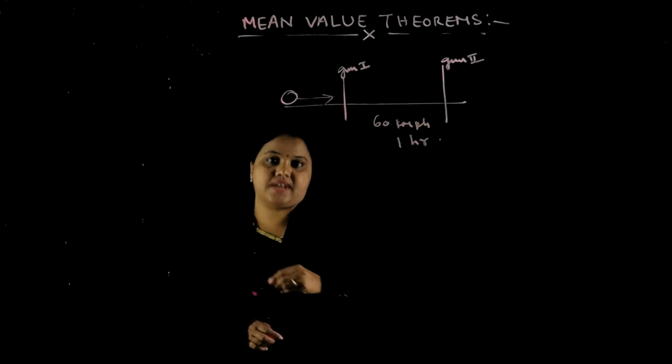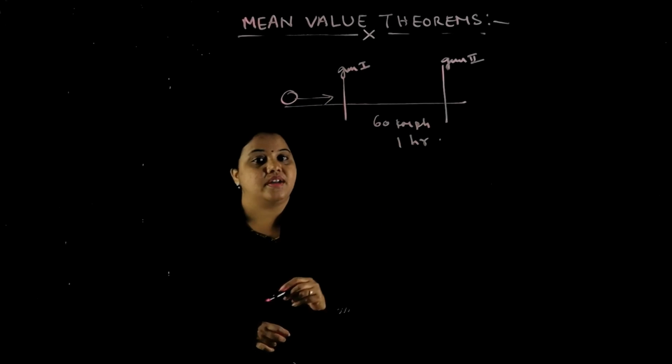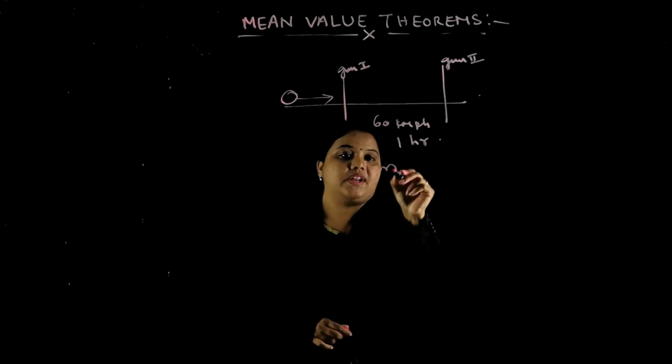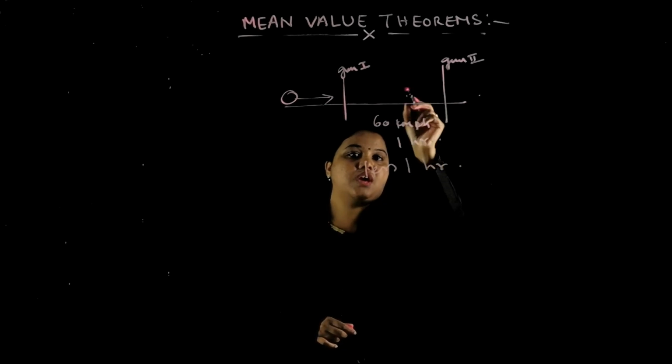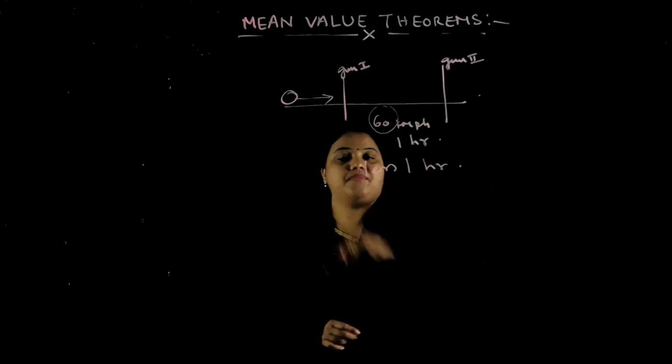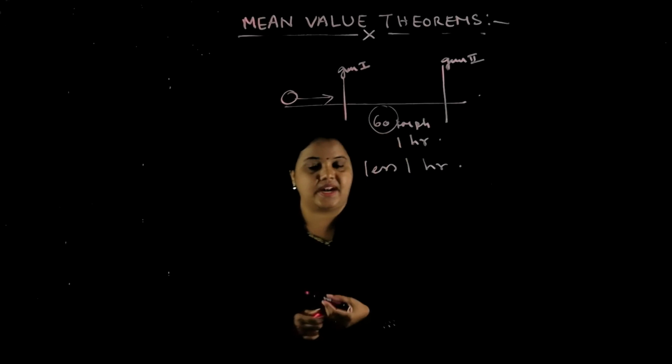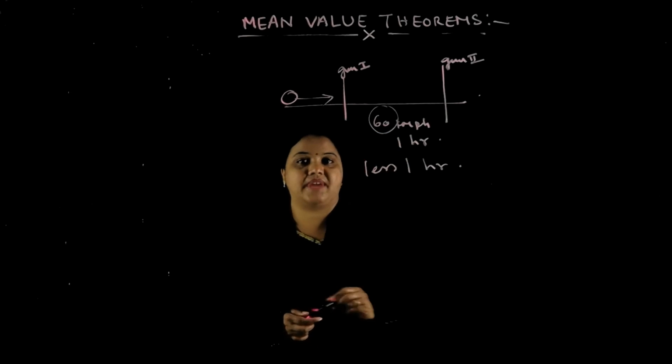Suppose you are moving in this direction. If you are moving from here to here in less than 1 hour, means you have violated the speed parameter 60 km per hour. So obviously what will happen? The traffic police will issue a challan to you, and this is the main application of mean value theorems.